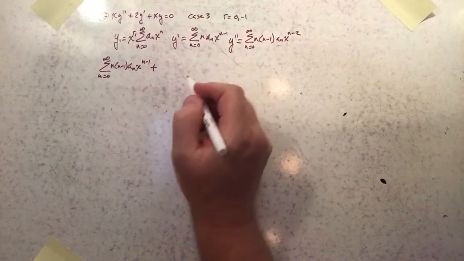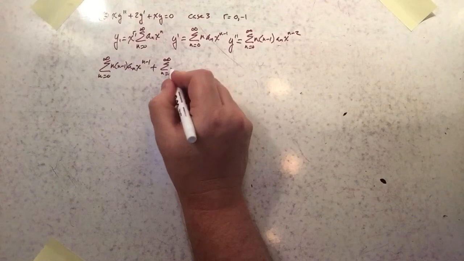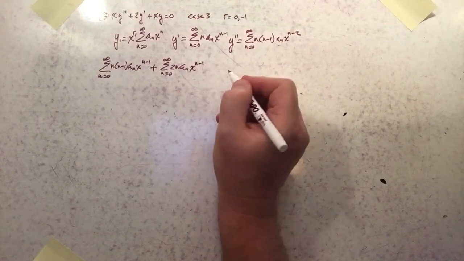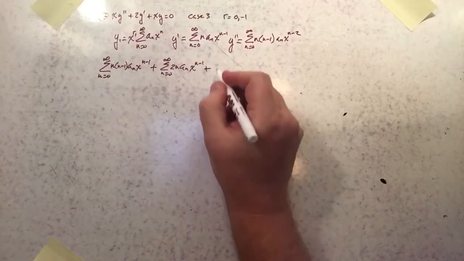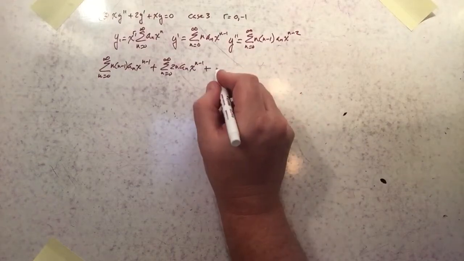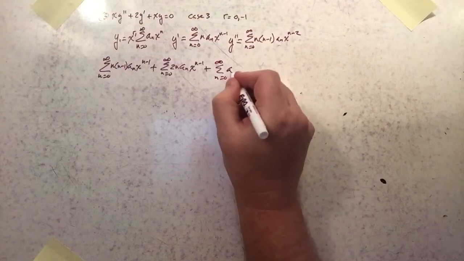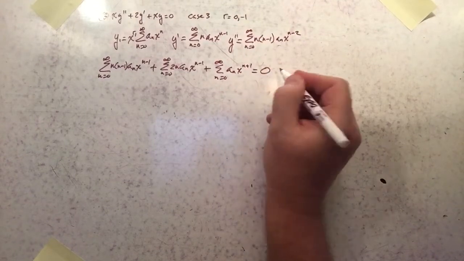The middle one is multiplied by 2, so it's the summation of 2n a_n x^(n-1). And the last term is x times the original, which creates the summation n equals 0 to infinity of a_n x^(n+1). And that's all equal to 0.